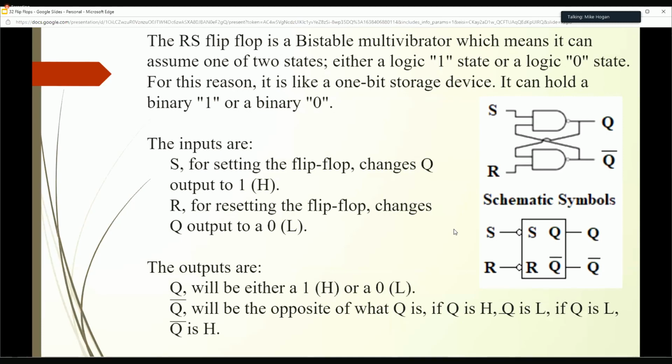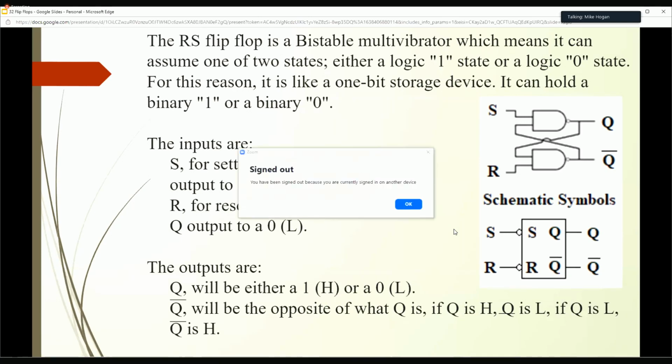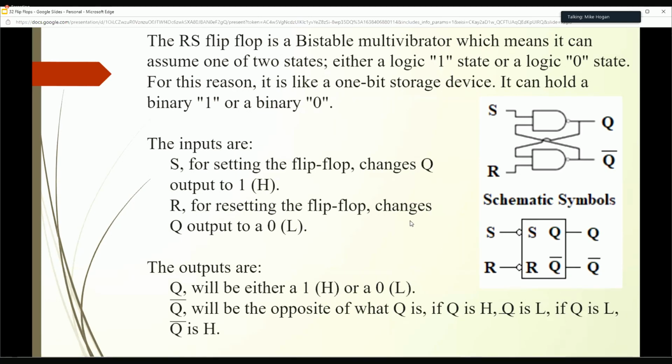It's holding either a high or a low, a 1 or a 0, and it can hold it for as long as we need it to hold that particular state. And if you think about getting a lot of these flip-flops together, you can put together enough flip-flops to hold multiple bits, or even bytes, if you will. And so you go from flip-flops and begin to build other devices called registers.